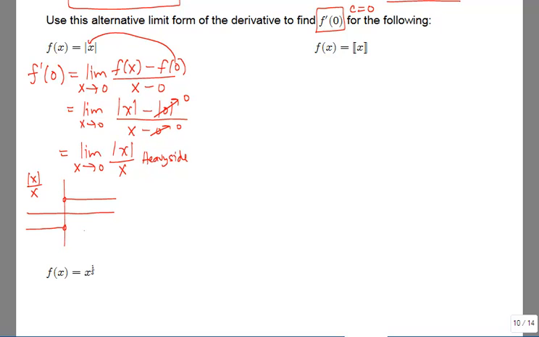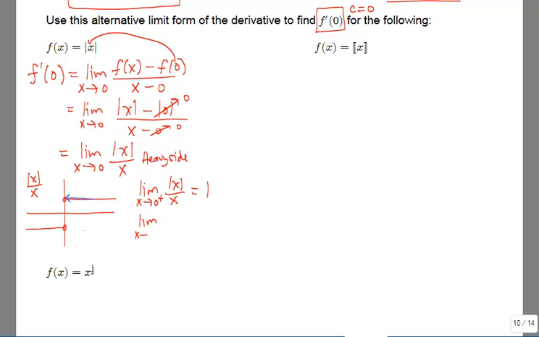So what would be the limit of this as x goes to 0? We can't just plug in 0, because that would give us the indeterminate form 0 over 0. So the only way to figure out this limit is to do it graphically, to look at this graph and figure out what the limit is. Now, since there are different pieces, we are going to have to look at this from the left and from the right. So the limit from the right side of 0 means that I'm traveling in this direction towards 0, and all of those y values are always 1.